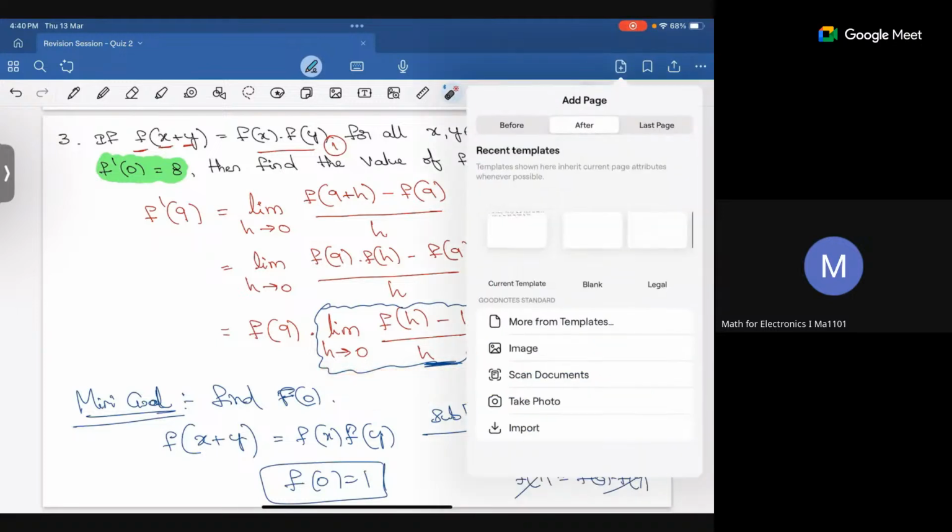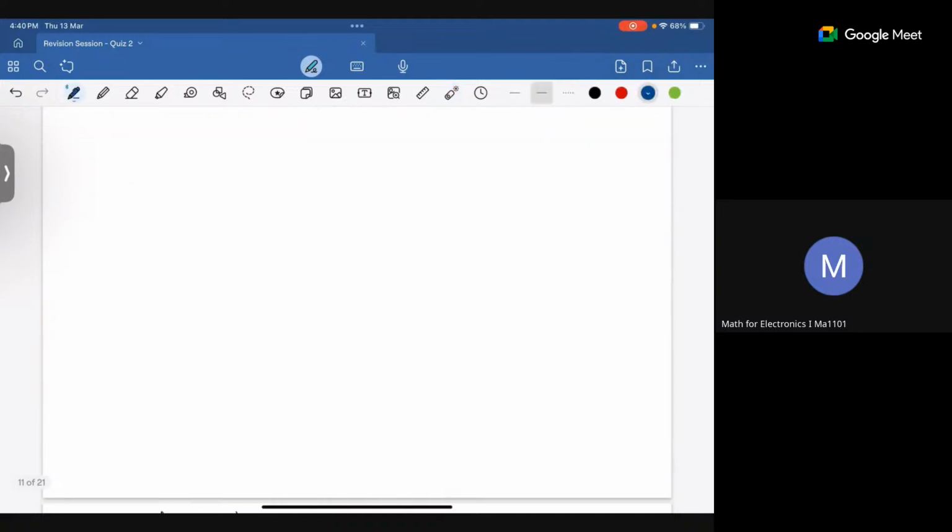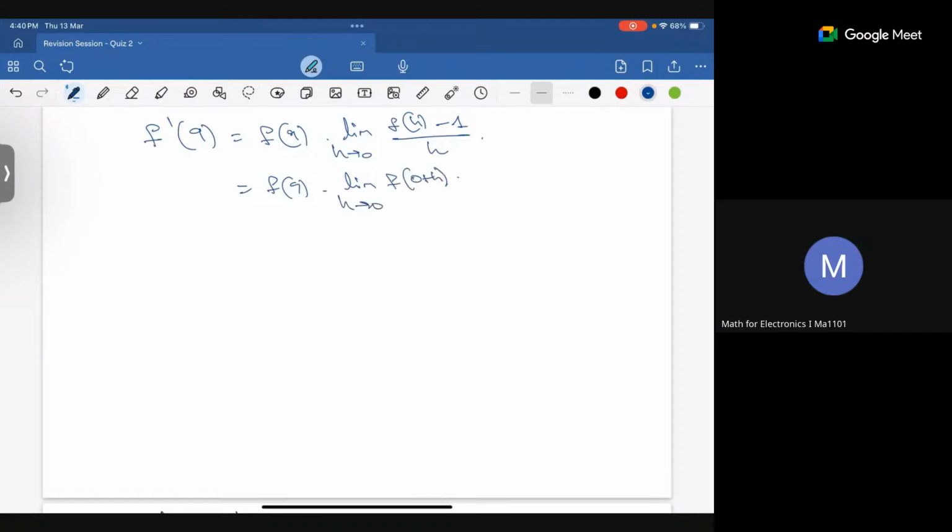What we eventually got is, we wanted to find f prime of 9, but this f prime of 9 is f of 9 into this other limit, h tends to 0, f of h minus 1 divided by h. Now what we write is f of 9 into limit h tends to 0, f of 0 plus h minus, instead of 1 I am going to write f of 0, because f of 0 is 1.